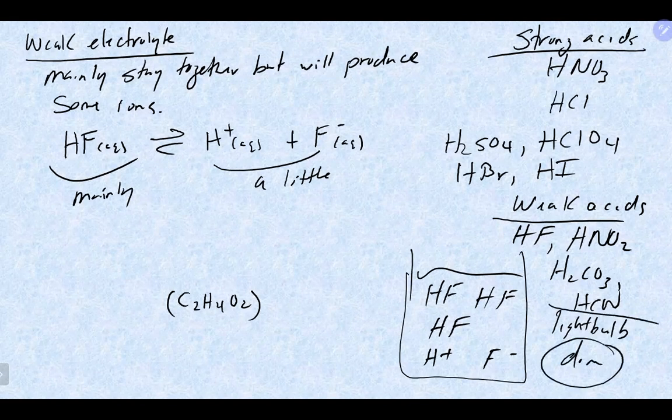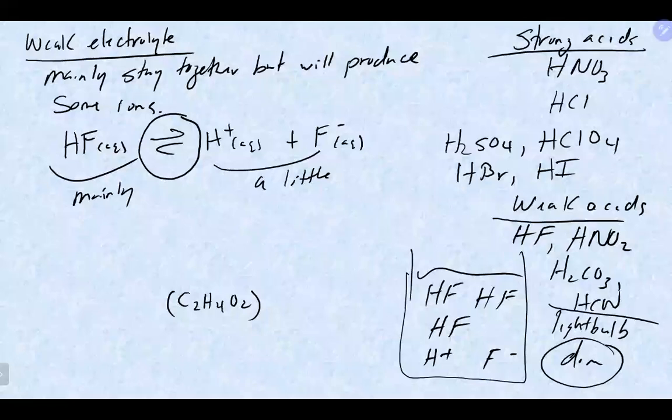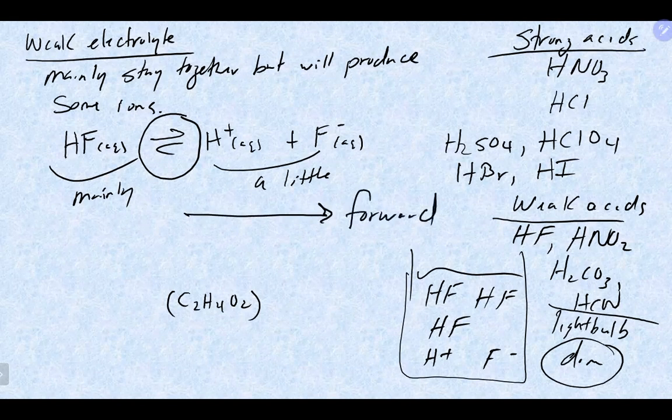The other thing that you could kind of use to help you to see that it is a weak electrolyte is these reversible arrows. And these reversible arrows indicate that the reaction goes in two directions. It goes from reactants to products, which is the forward direction.